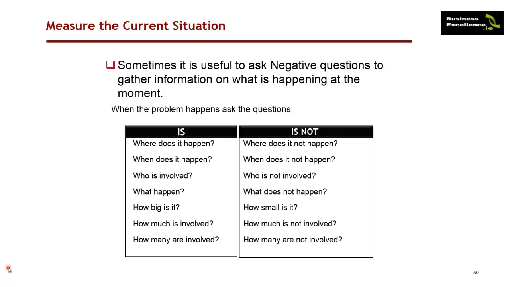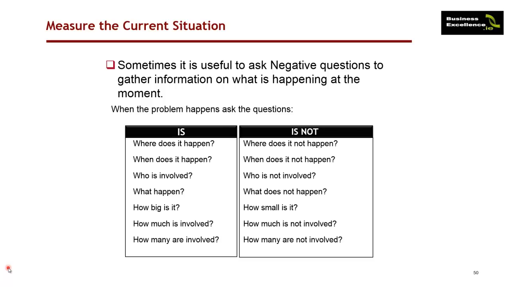When does it happen and when does it not happen? If it happens always, or if it only happens during certain times of the day, maybe 4 o'clock, 8 o'clock, 12 o'clock, which may suggest it happens during shift changeover. If it happens during peak periods, for example, or if it happens during lull periods, that helps us to identify the scope. Who's involved? Who's not involved?